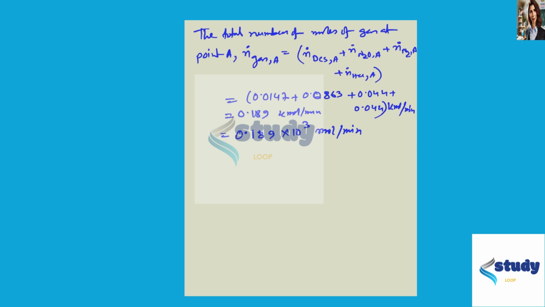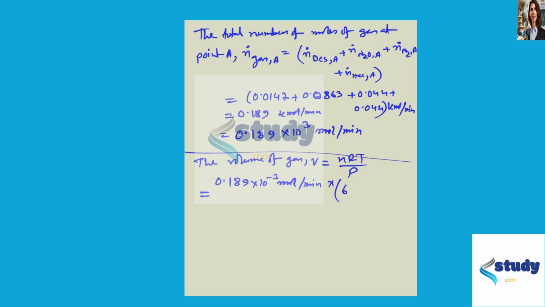Therefore, we can calculate the volume of gas as nRT divided by P. Gas constant is 62.36 multiplied by 10 inverse 3 meter cube torr mole inverse Kelvin inverse, and the temperature given is 900 degrees Celsius or 900 plus 273 Kelvin.